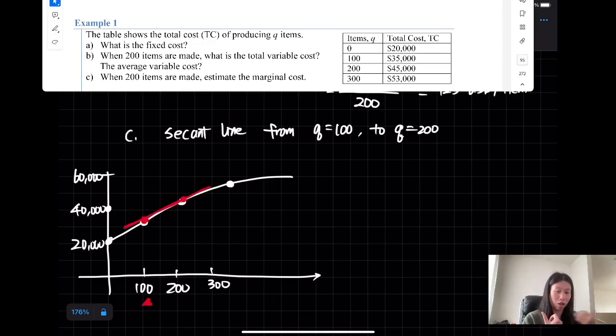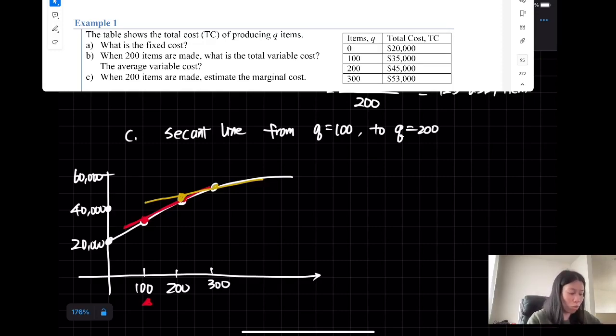We also want to find some point on the right side, which means we also want to find the secant line from Q equals 200 to 300, right? So what we can do is, after finding these 2 secant lines, we take the average as the slope of the tangent line at x equals 200.